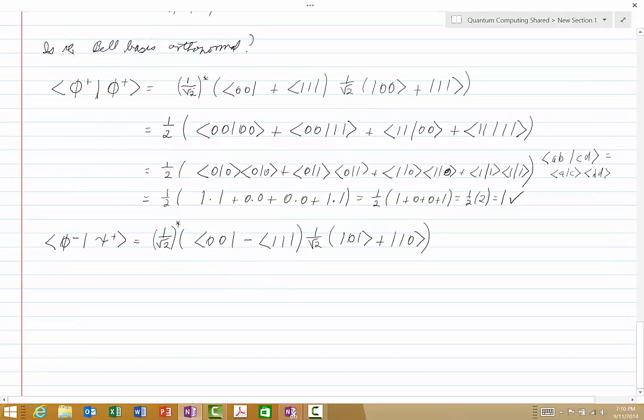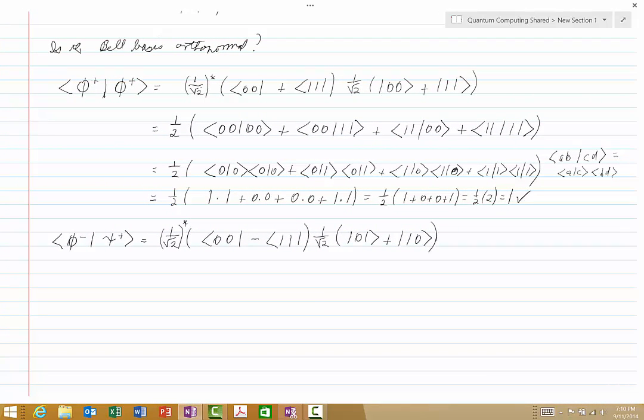Well, the 1 over square root of 2 conjugate, of course, is the same thing as 1 over square root of 2, and 1 over square root of 2 times 1 over square root of 2 will give us 1/2. So we get 1/2, and we will have 0, 0, 0, 1 plus 0, 0, 1, 0 minus 1, 1, 0, 1 minus 1, 1, 1, 0.